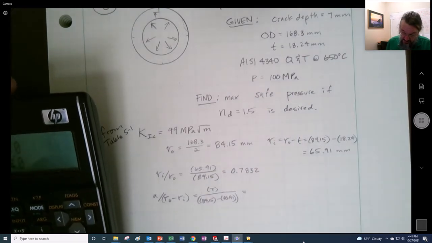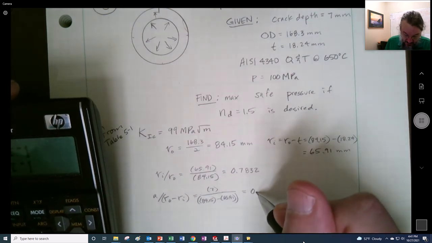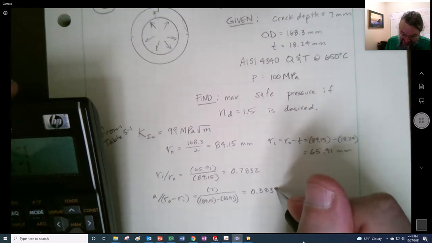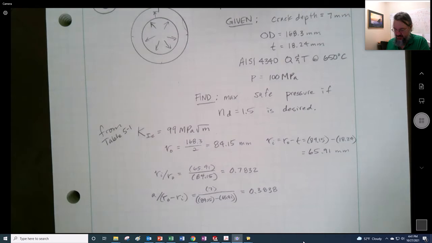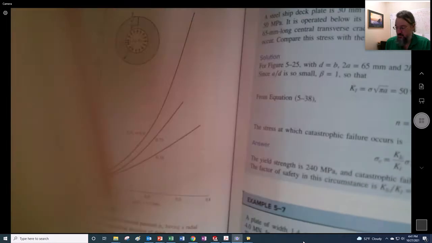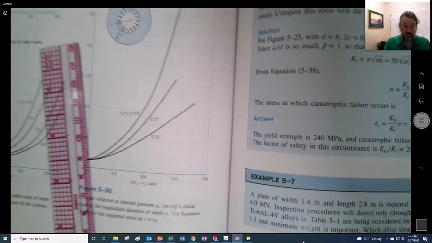That's all I'm going to do. So I get 0.3838. So we've got 0.783 and 0.3838. All right, so let's see. Zoom in.